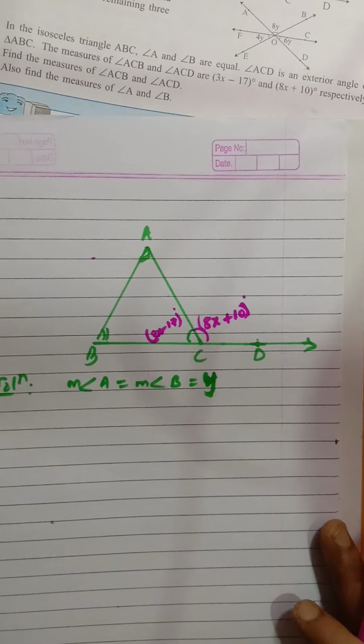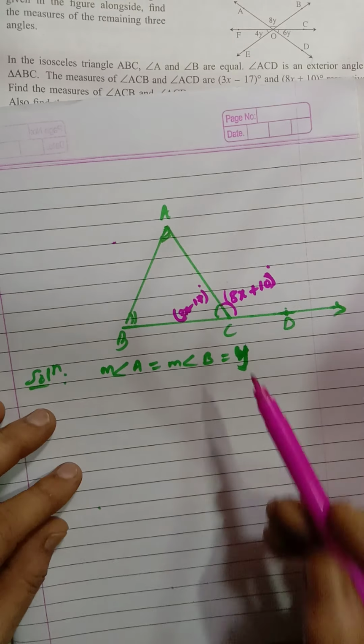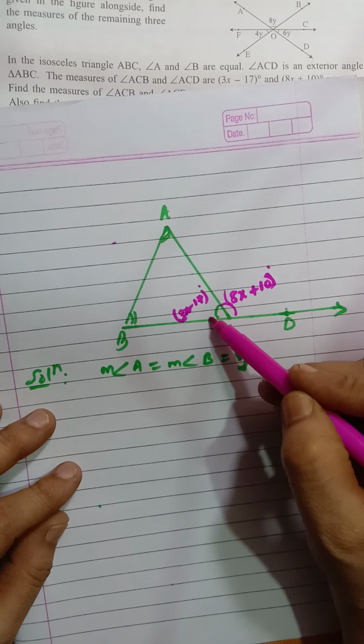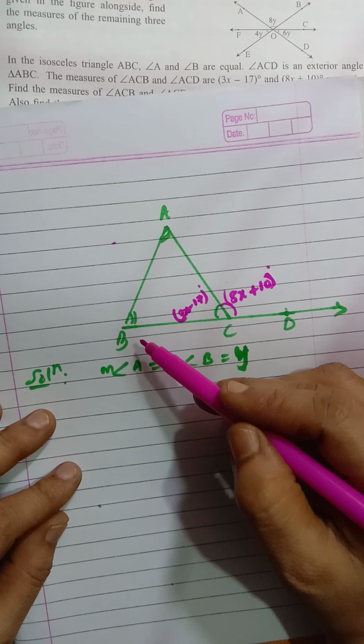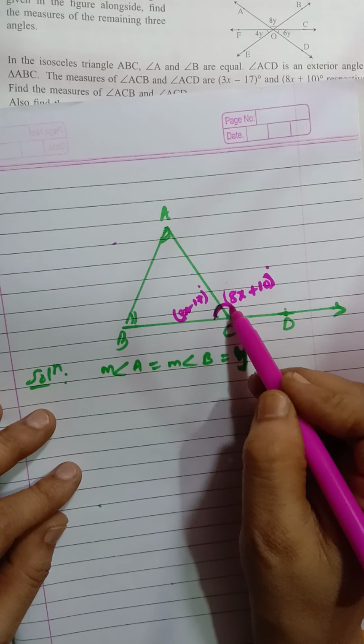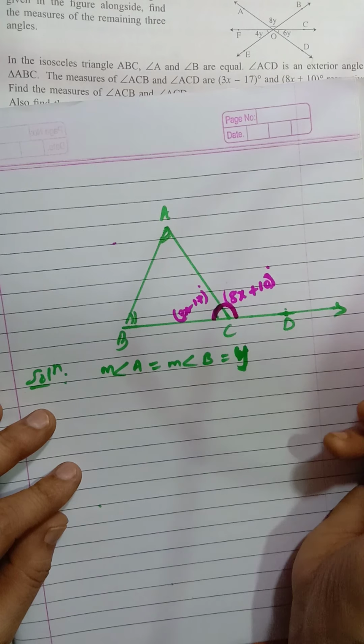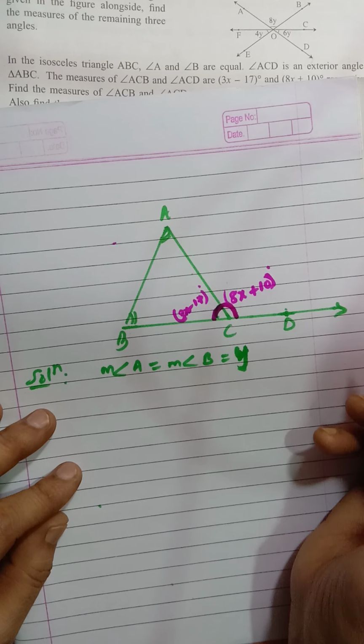Now you can see, children, we have already learned that angle ACB and angle ACD, these two angles, are forming nothing but a linear pair. Yes or no?